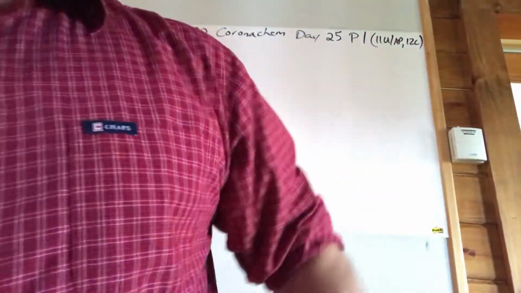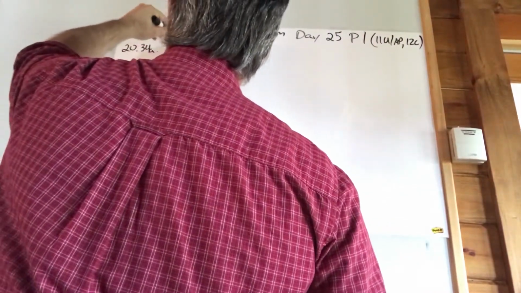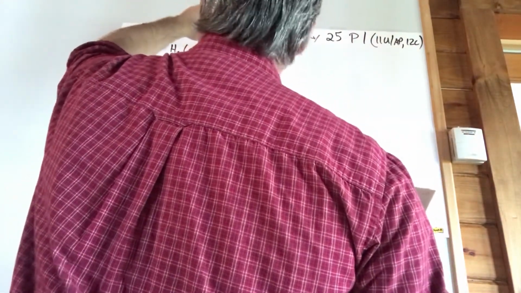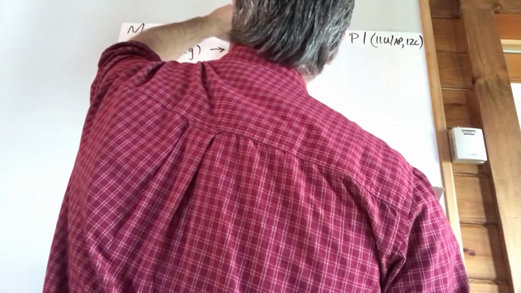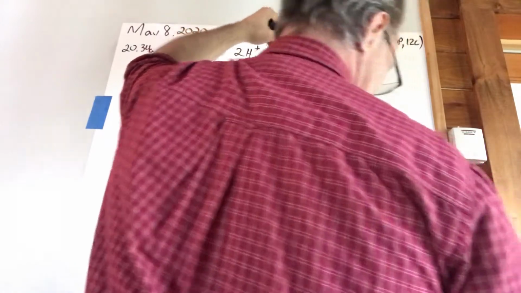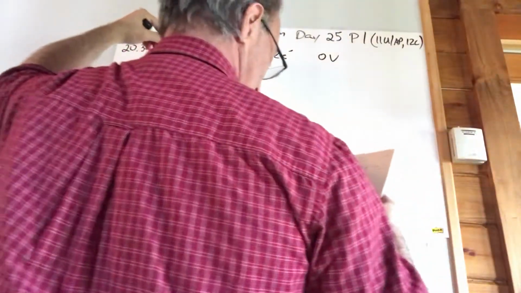So 2434A, H2 gas is turning into 2H+ plus 2 electrons. So that's 0 volts if you look it up in the standard reduction potentials.